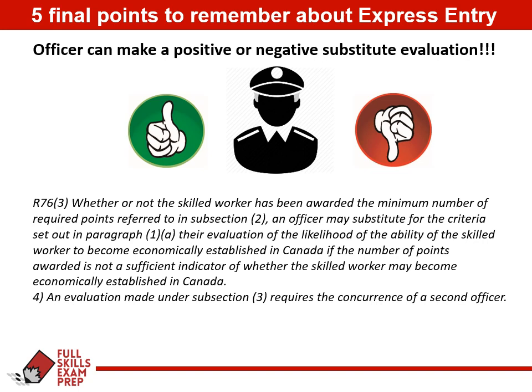Okay, and you have one final point here, and that has to do with substitute evaluation. So remember that the officer can use his discretion to either make a positive or negative substitute evaluation. So an example of a positive substitute evaluation would be if somebody maybe is missing one of the requirements.